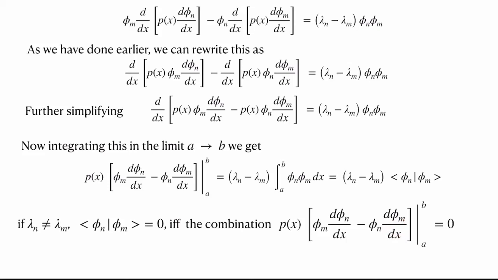Now, an important point to notice here is that this combination, phi m into d phi n by dx minus phi n d phi m by dx, is essentially the Wronskian of phi m and phi n, multiplied with the p.